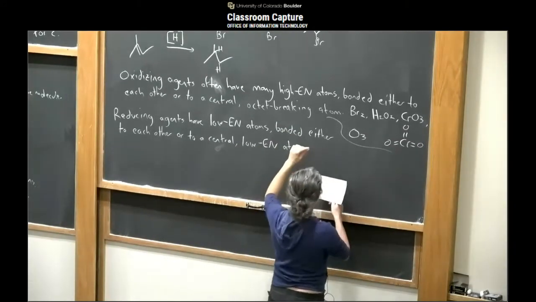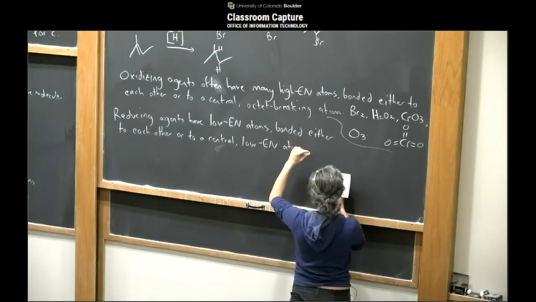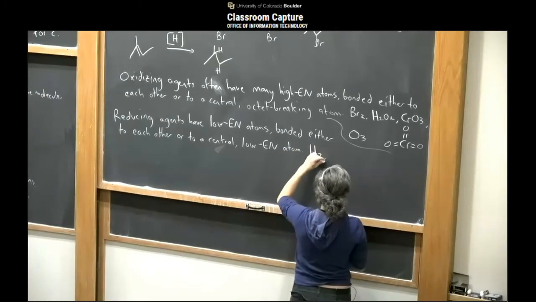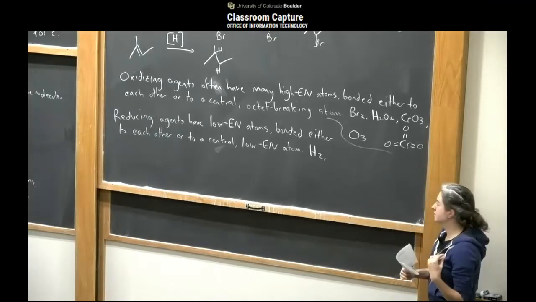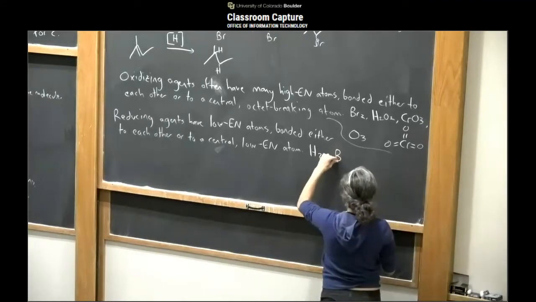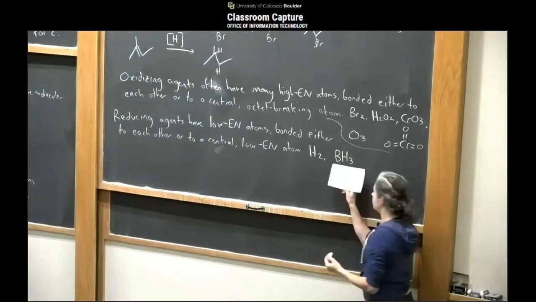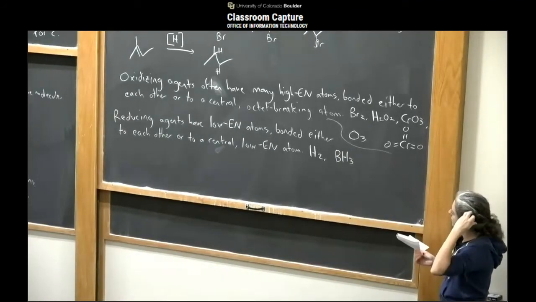Okay, so examples that we've seen here already, or will see in the future, are H2, a couple of hydrogens bonded to each other, BH3. So all of these atoms are lower in electronegativity than carbon.